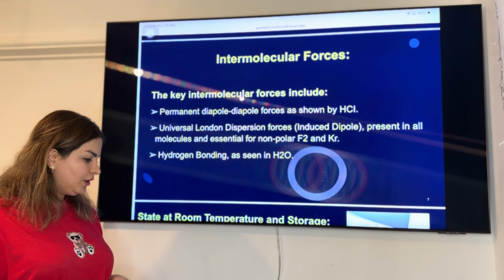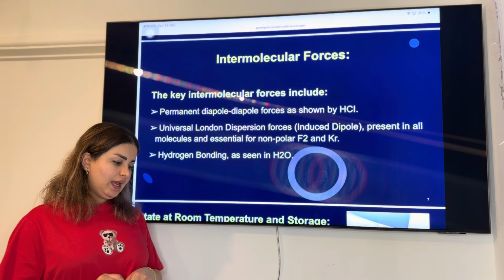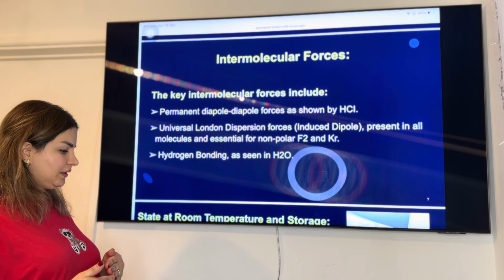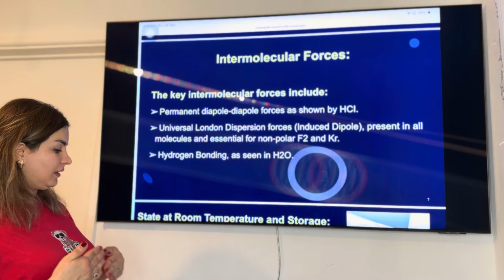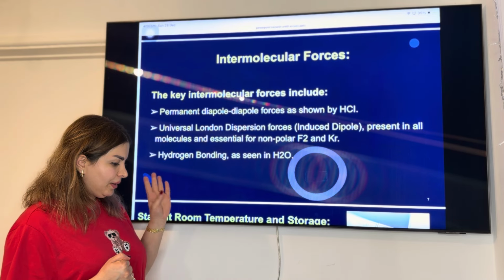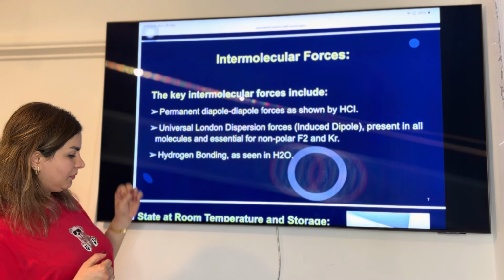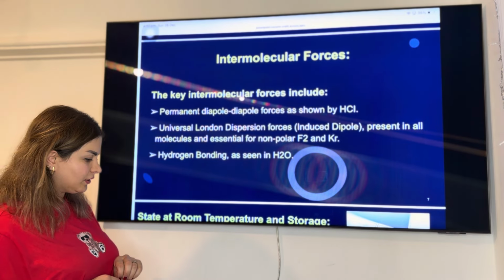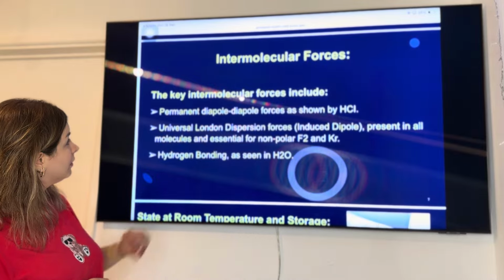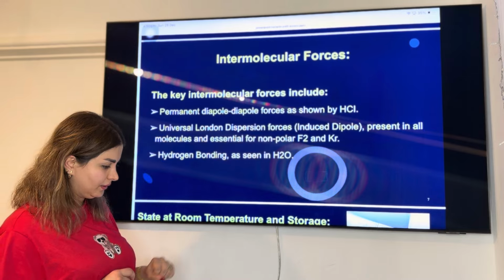Intermolecular forces act between molecules and atoms, and they can affect physical properties. Permanent dipole forces occur between polar molecules such as hydrogen chloride.